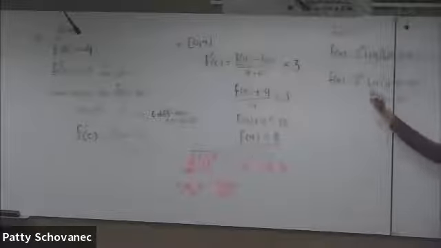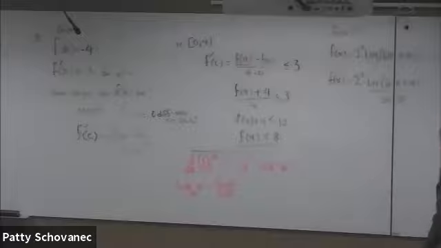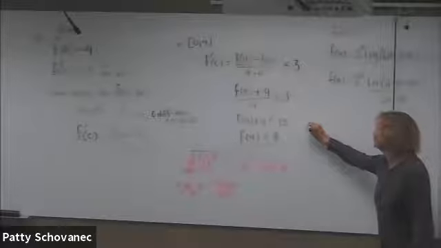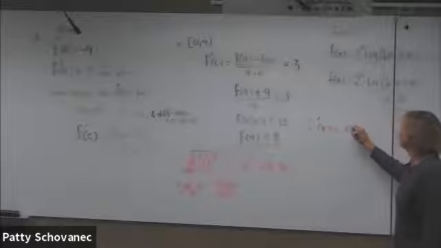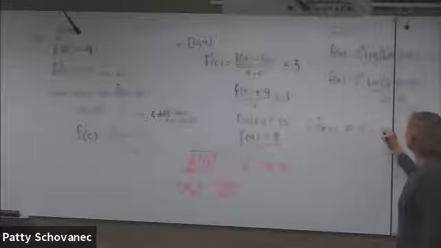And now I'm going to take the derivative of this using the product rule. First times the derivative of the second plus the second times the derivative of the first.